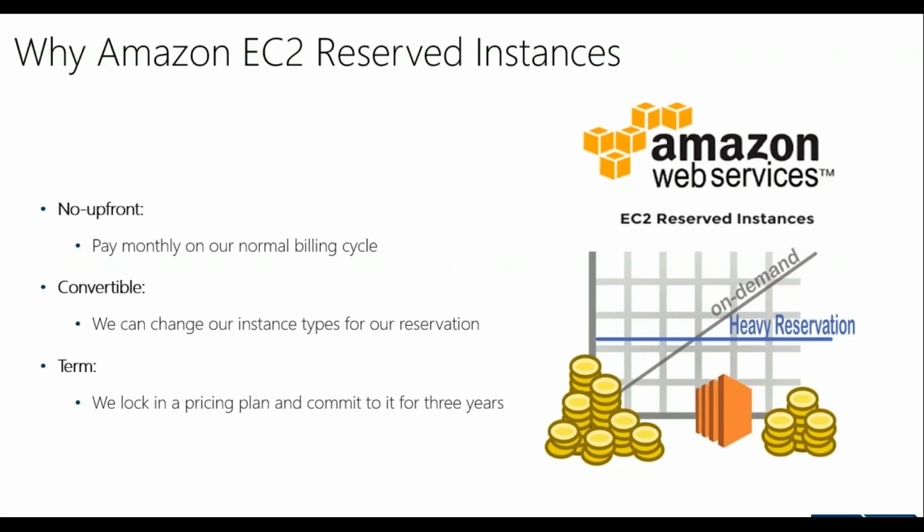There are a number of families Amazon includes in their technology, so we can change our reserved instance family at any time. After that, we can lock in a pricing plan and commit to it for up to 3 years. We can pay for the 3 years, and the cost will be stable for up to 3 years.